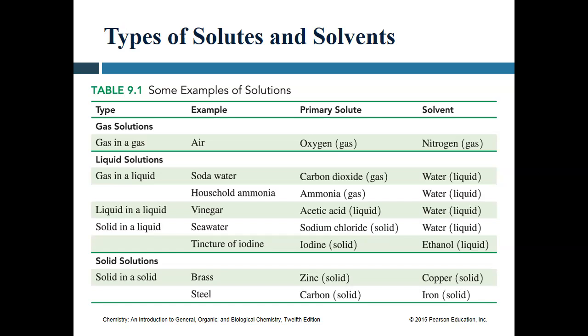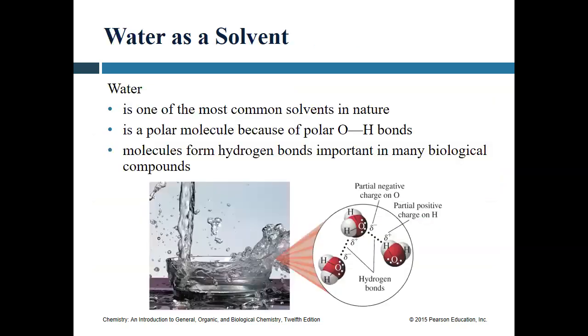These are all solutions because they are mixtures of solids that are uniform in nature. I can't pick up a piece of brass and go, okay, there's the copper part right there. It doesn't look like that. It's uniform. It comes when we melt those two elements together in a particular ratio.